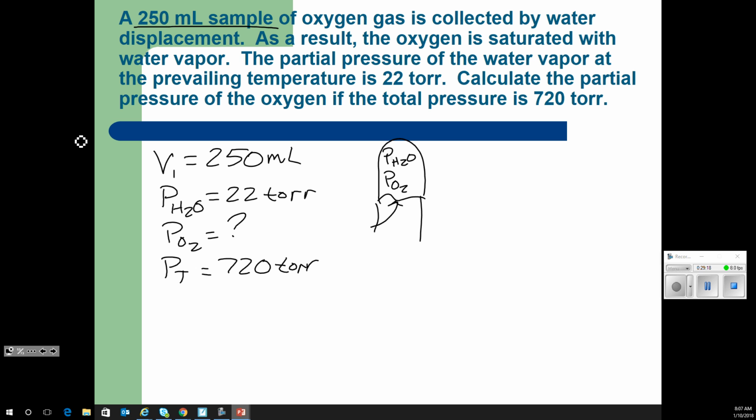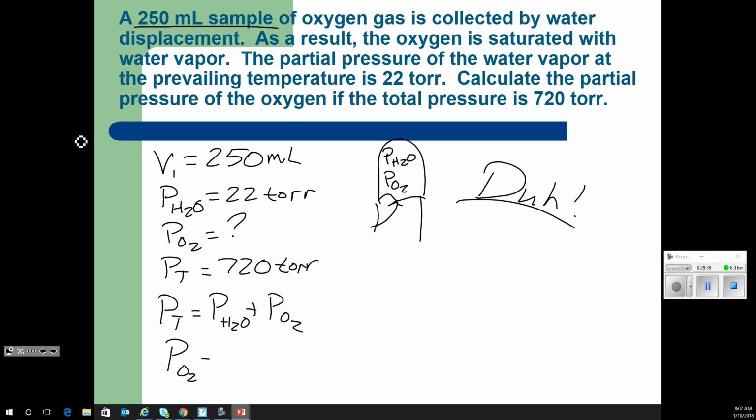Oh, we should be able to do this, right? What's the equation we're using again? Dalton's duh law, right? So the pressure total is equal to the pressure of H2O plus the pressure of O2. And if we're looking for O2, pressure of O2 is equal to pressure total minus the pressure of H2O, which would be 720 torr minus 22 torr, and I'm running off the board here, and we get 698 torr, right?